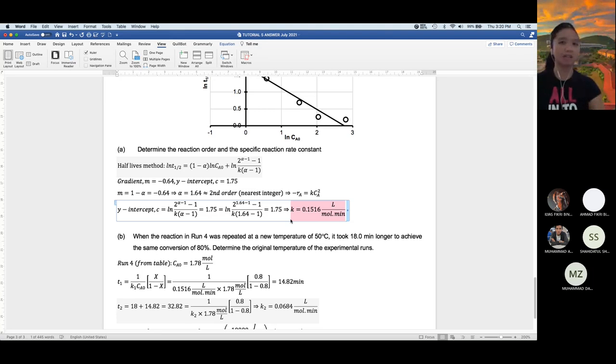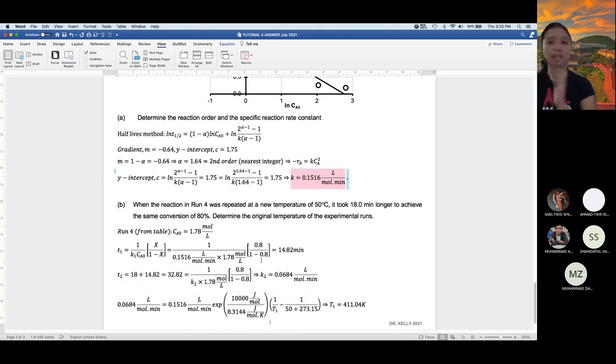Okay, so K1 tu dah settled. Okay, next. K2, T2. T2 kita pun tahu sebab kan dia kata tindak balas dijalankan pada suhu baru 50 Celsius. T2 dah tahu. Sekarang tinggal K2. K2 lah benda yang kita tak tahu. Tapi in order to solve it, kita kena tahu dulu K2. So sekarang kamu dah kena fikirlah. Kalau tanpa K2, saya tak boleh cari T1.